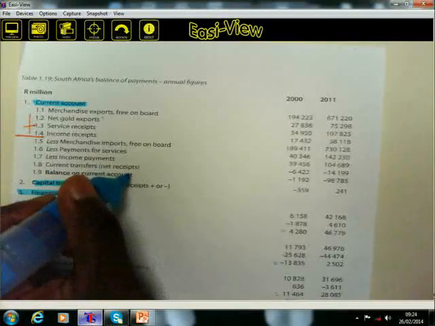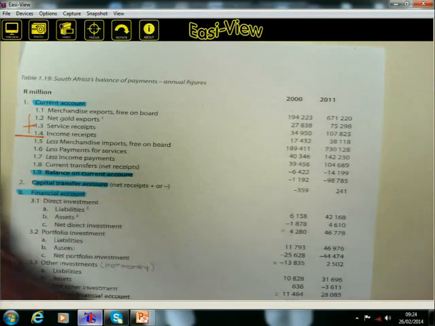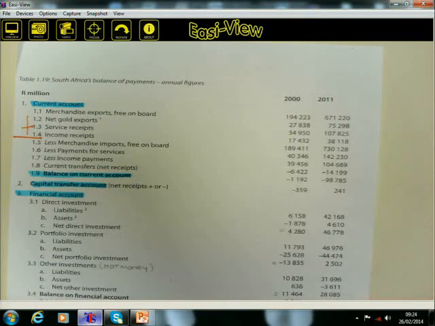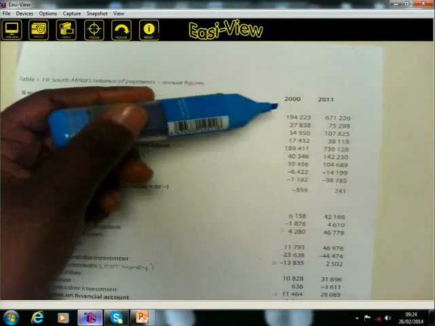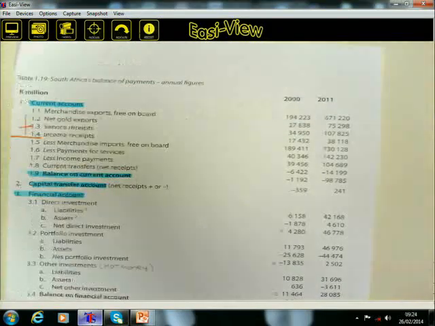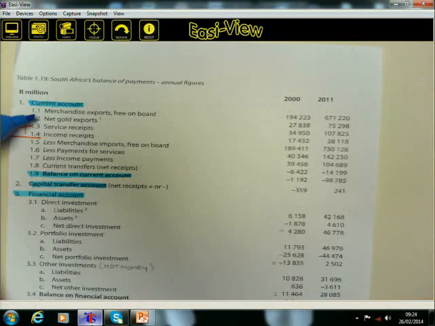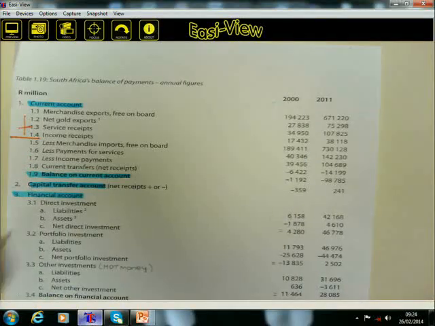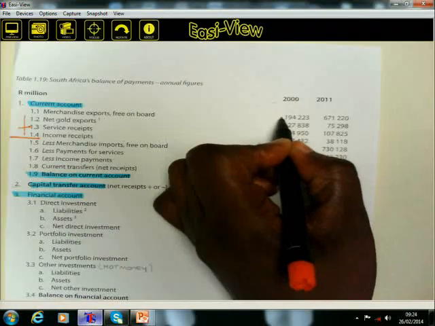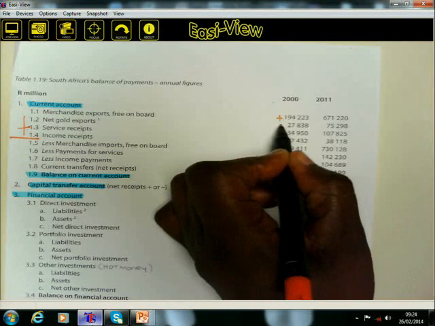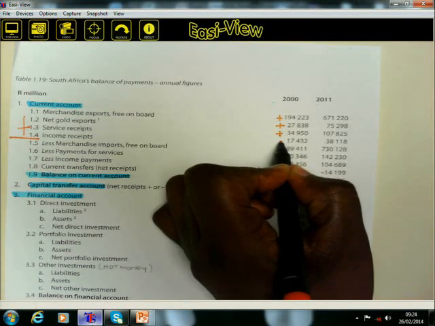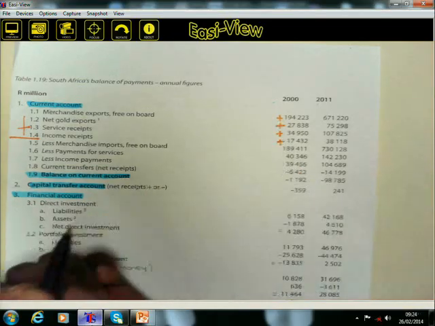Let us do this little example to indicate exactly what is expected from you. For the years 2000 and 2011, our current account was like this. Merchandise export was this amount. Then we say merchandise export plus net gold export plus service receipts plus income receipts.